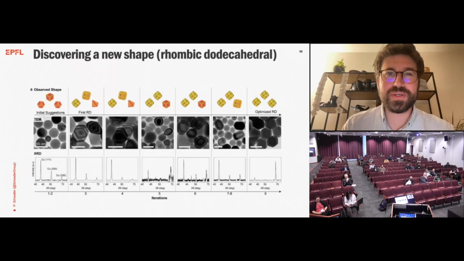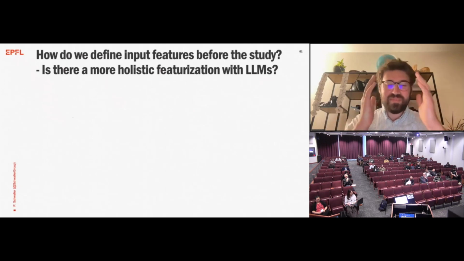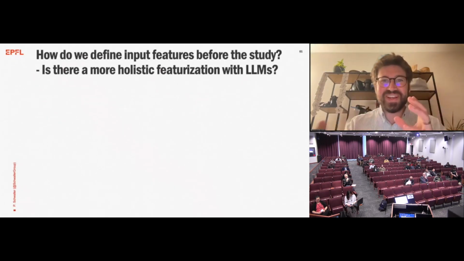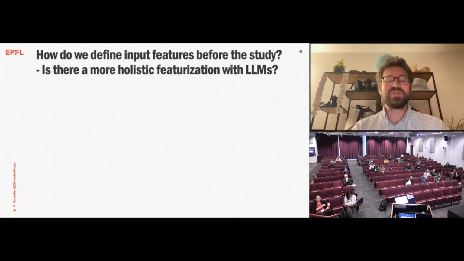But all that work motivated another study, because in my AI for chemistry course, every time I talk about Bayesian optimization, when a new person comes in and says, I would like to apply Bayesian optimization to my reaction, how should we featurize that reaction?